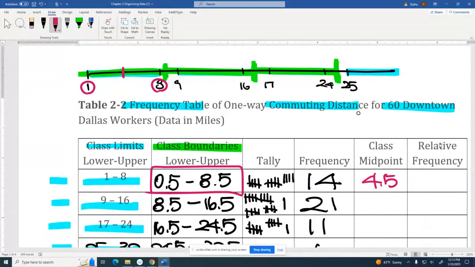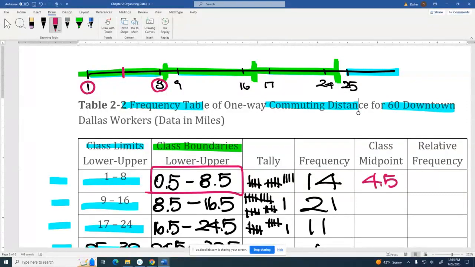Why don't you take the sum of the boundaries, not the limits? Boundaries, 0.5 and 8.5. How much will be the sum? 9 again, divided by 2, 4.5 again. So either way, take the average between two limits or the average between the boundaries. That will be the same midpoint, right?